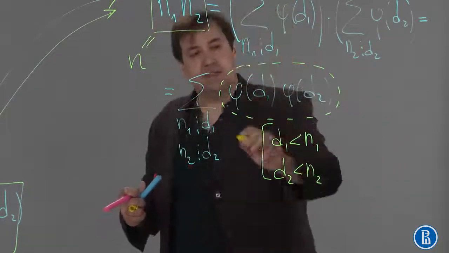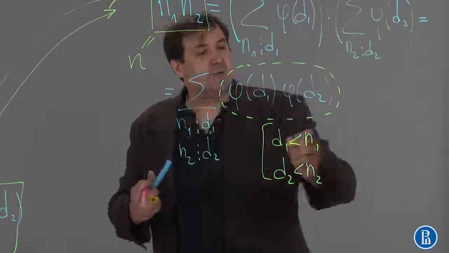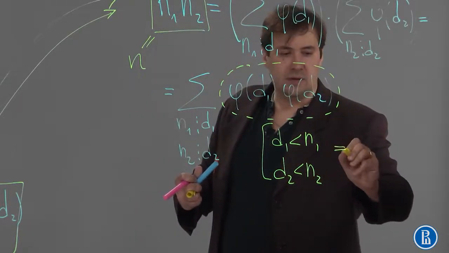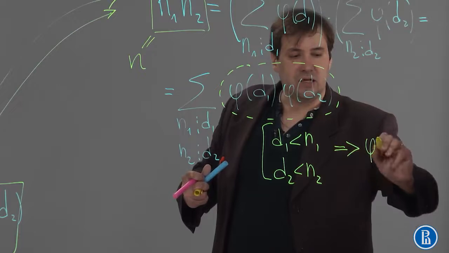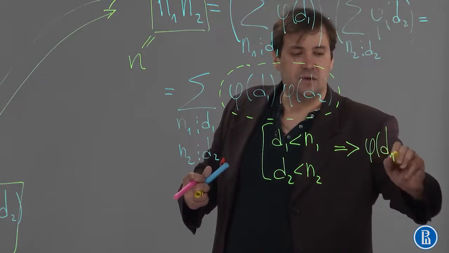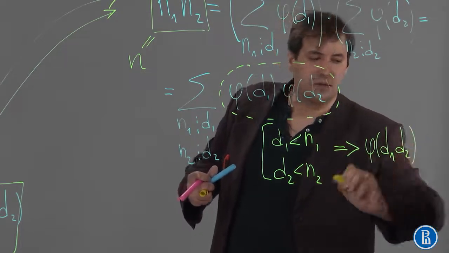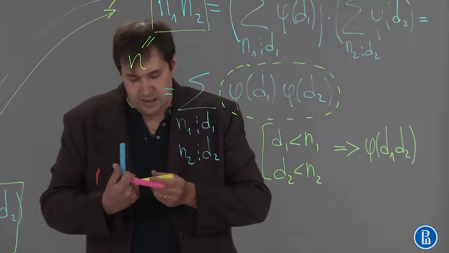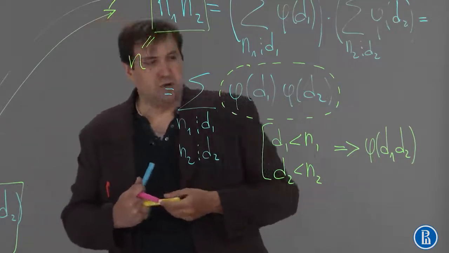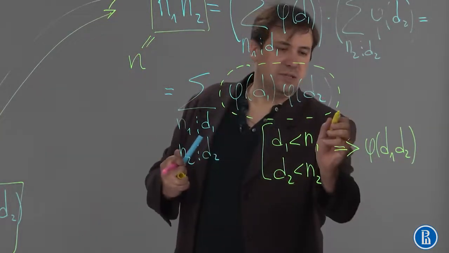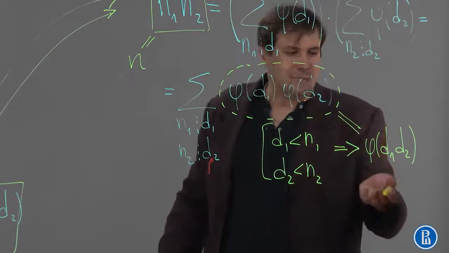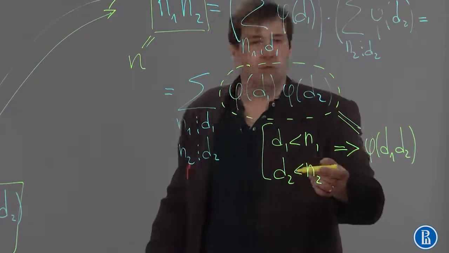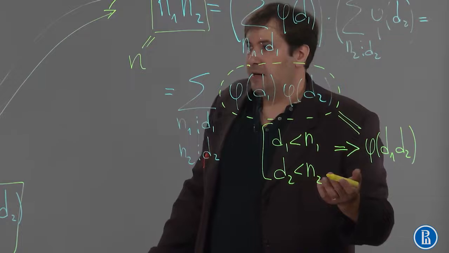So all these products can be transformed, let's write it this way, can be transformed into phi of product d1 multiplied by d2. Well, of course, in order to state this, so we state that they are equal, we need to explain why d1 and d2 are mutually prime.